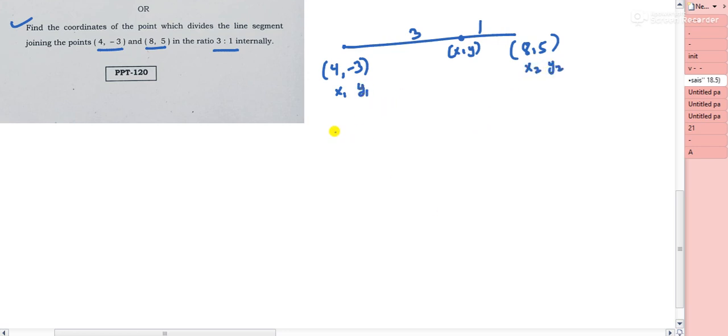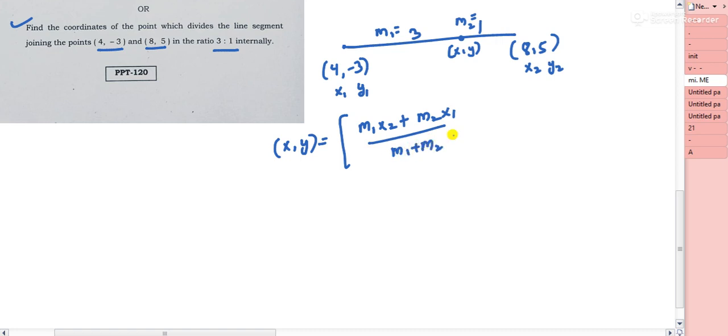Okay, so for the coordinates, you have to use the section formula. What is the formula? This is m1, this you can write as m2. So the formula is (m1 x2 plus m2 x1) divided by (m1 plus m2), right?